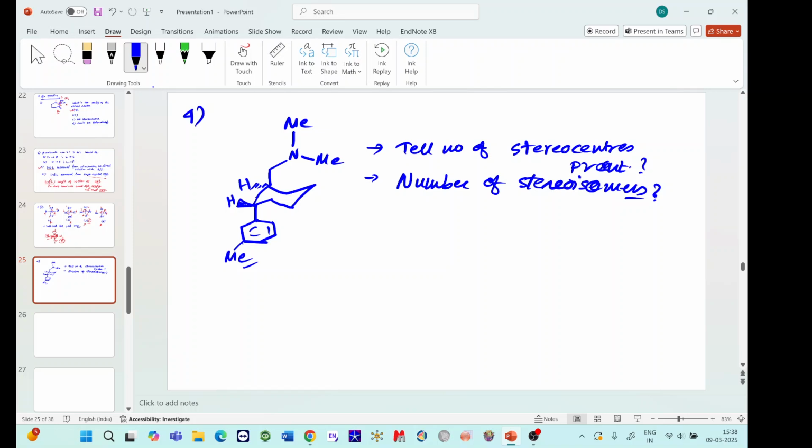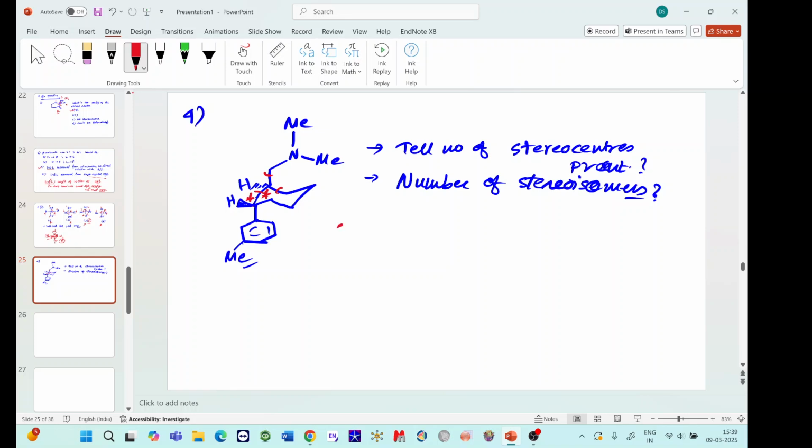Two stereo centers and four stereo isomers. Where are the two stereo centers? It is this one, right? Yes, four different groups on the cyclohexane ring, these two, right? Yes. So this is another separate group, this is separate, and this one separate, and their proton is there.